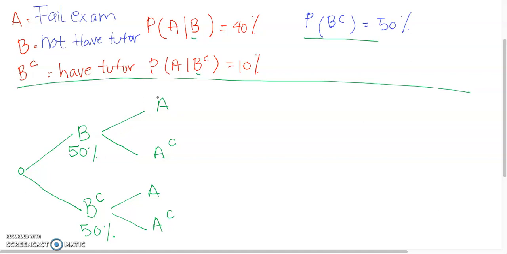So we can call this part, the first branch, the prior probability. There's also another term in tree diagram, it is usually called marginal probability.